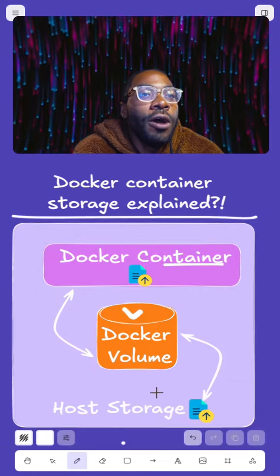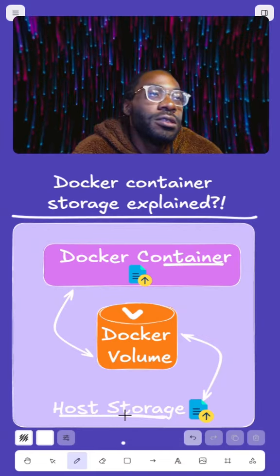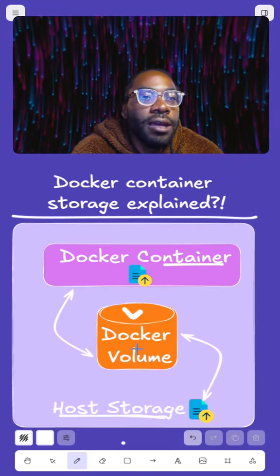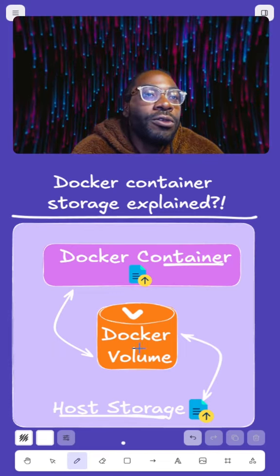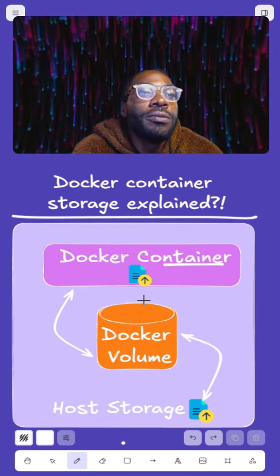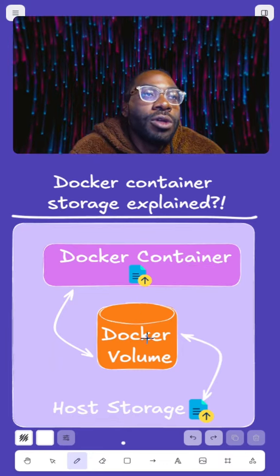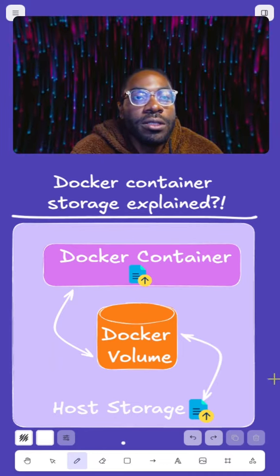And your Docker volume is actually just a file on your host operating system that contains the data for your Docker volume. You can either pass a real file on the host operating system directly through to Docker, or you could mount your Docker volume, which is effectively just going to be a file stored on the host operating system.